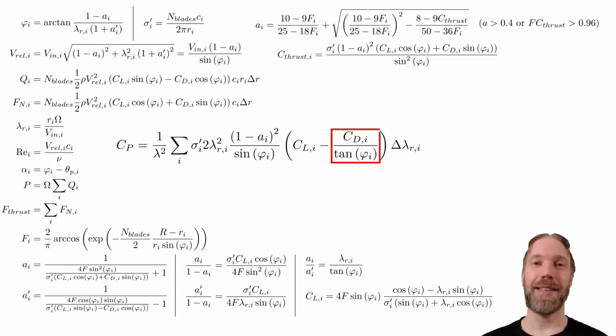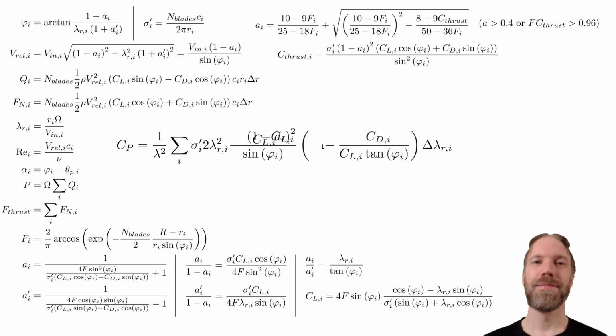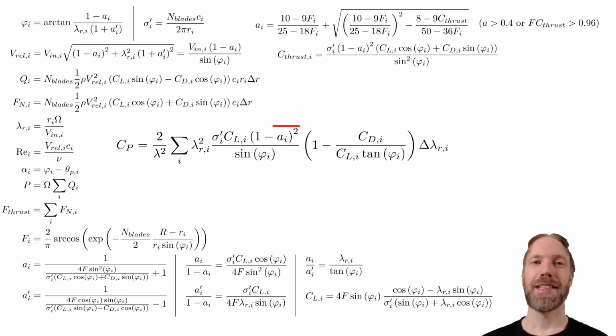Multiply and divide by CL. Write CL outside parentheses. Reorder this. Split this square.